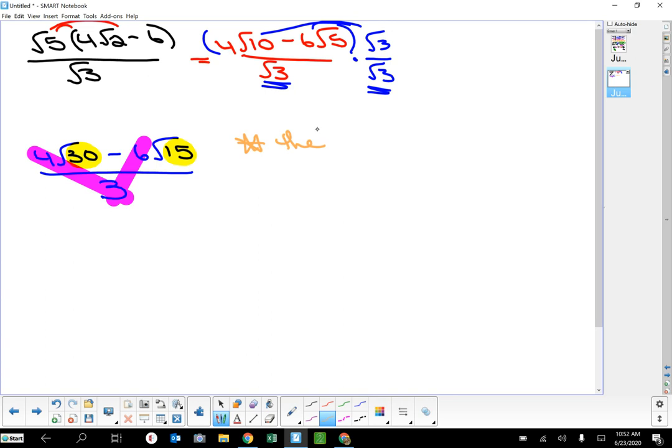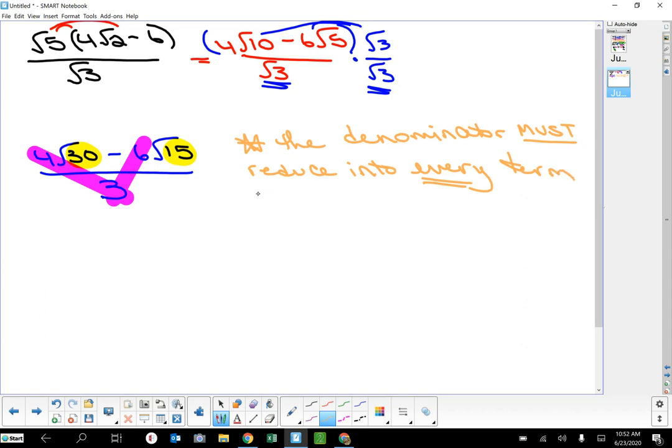The denominator must reduce into every term in the numerator to reduce it all.